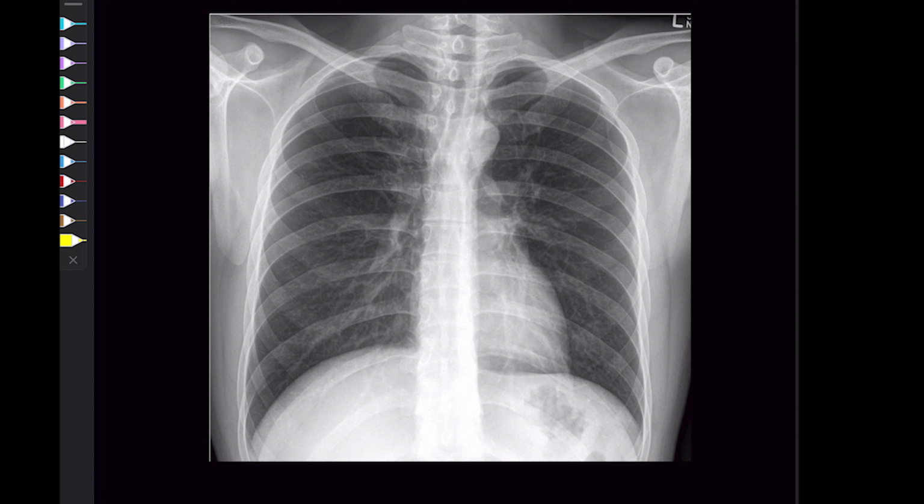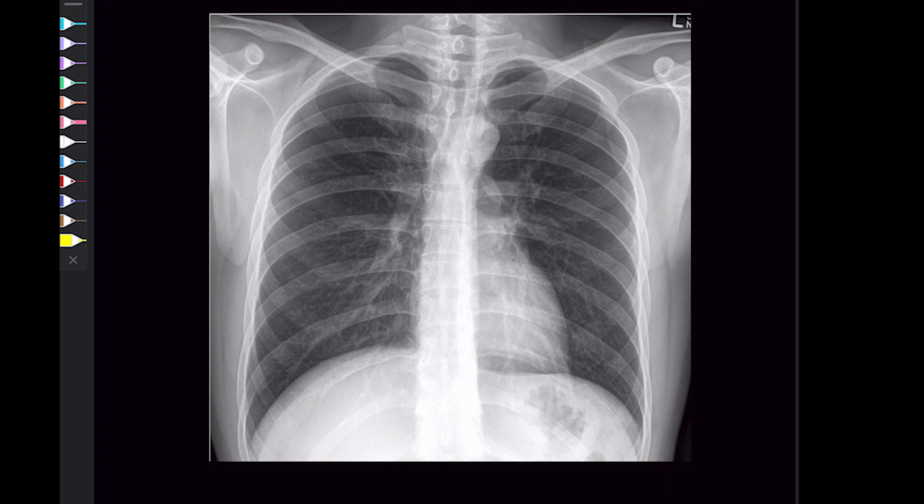Air always appears black. Fat appears gray. Then comes the fluid and the soft tissue. They are also gray, but with a different contrast, because this study is all about differentiating between different contrasts.